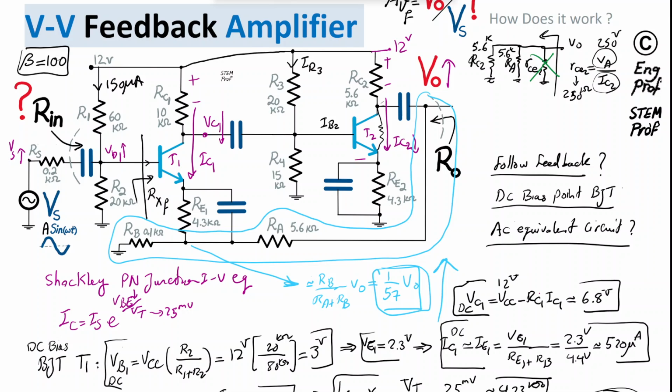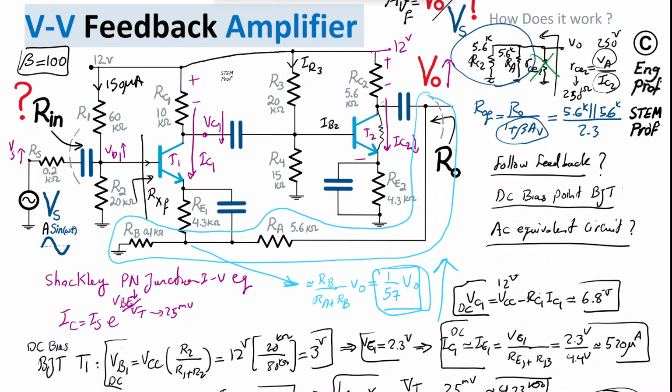Now, what feedback does in this voltage feedback, contrary to input impedance that was magnified by (1 plus beta AV), is that the output impedance with feedback is basically the output impedance without feedback divided by (1 plus beta AV). So it will be 5.6K parallel with 5.6K, divided by this one we computed, 23 roughly.